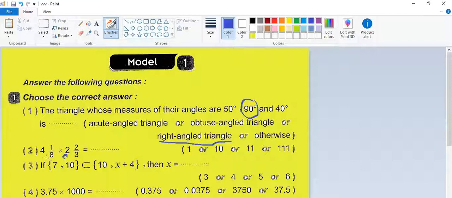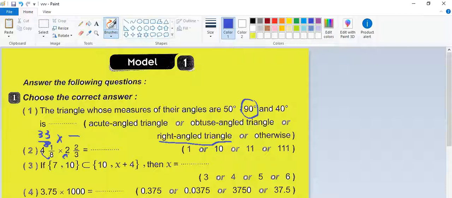Question number 2. He said 4 and 1 over 8 times 2 and 2 over 3. We'll say 8 times 4 equals 32, 32 plus 1 equals 33 over 8, times 2 and 2 over 3.